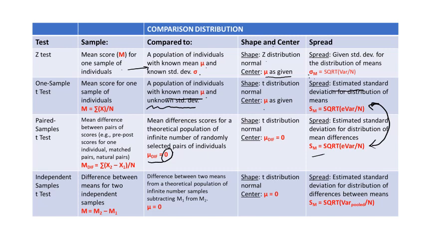The shape is normal. Here's the center again. And the spread is very similar. You'll see here we have the square root of EVAR divided by n, and here we're going to have the square root of what we call EVAR pooled divided by n, and that's just a variance that takes advantage of the information from both of the two samples.